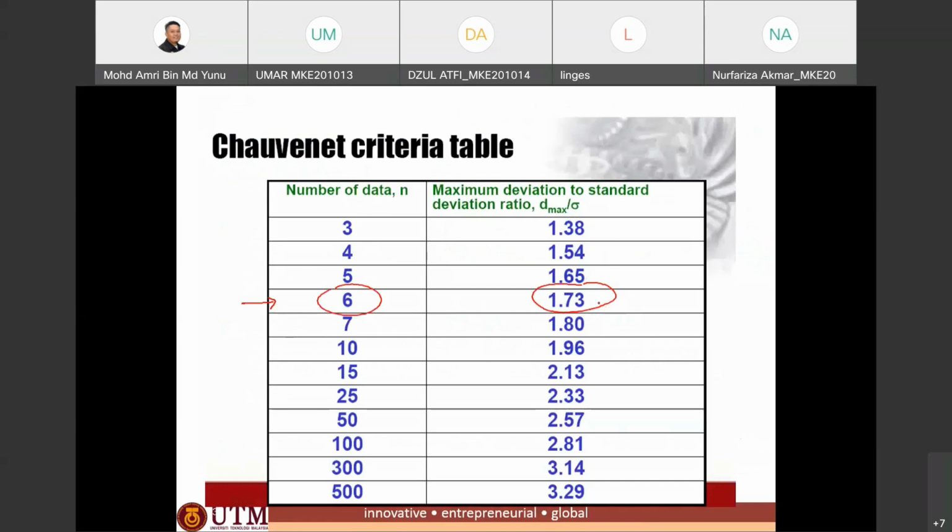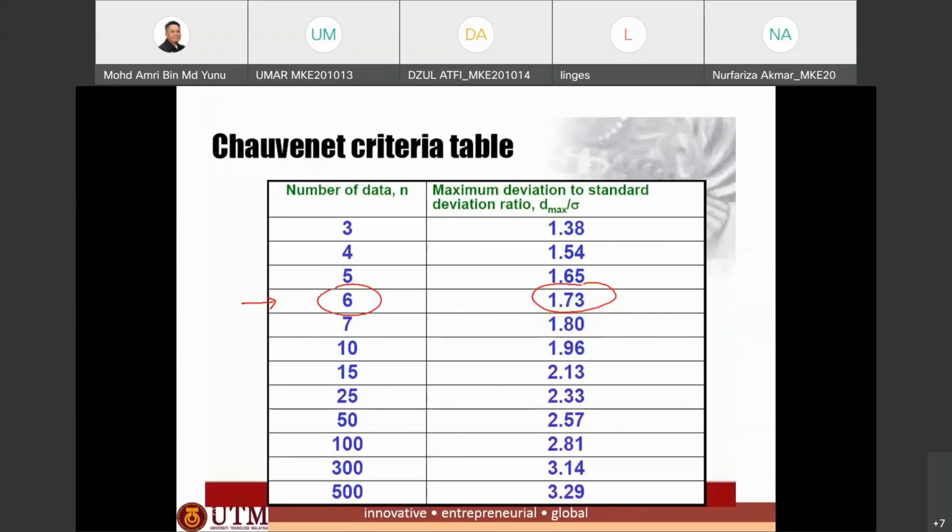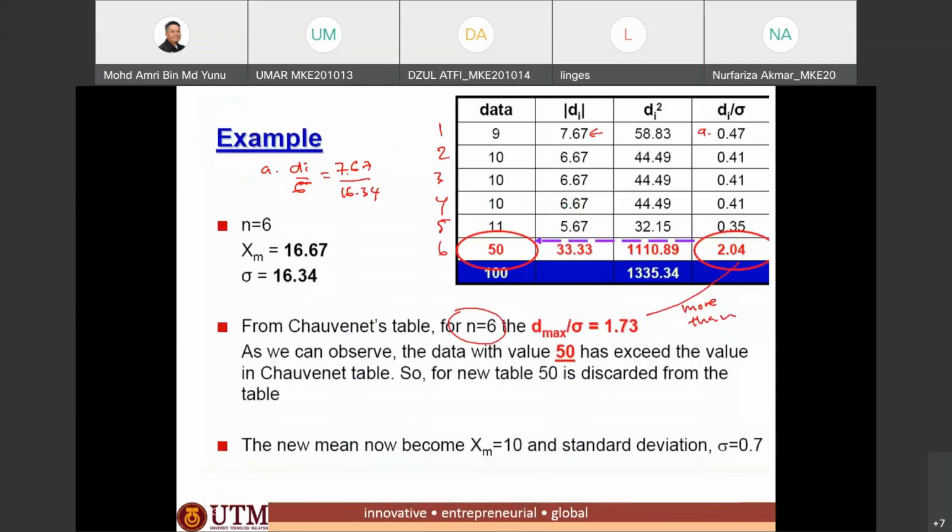In this example, for the 6th data point, 50, the offset to standard deviation ratio is 2.04, which is more than the value shown in the Chauvenet criterion table. So as we can observe, the data with value 50 has exceeded the value in the table, so we discard the value.